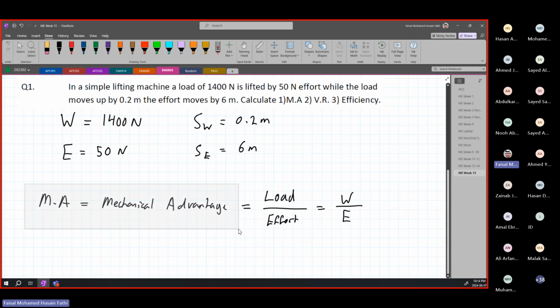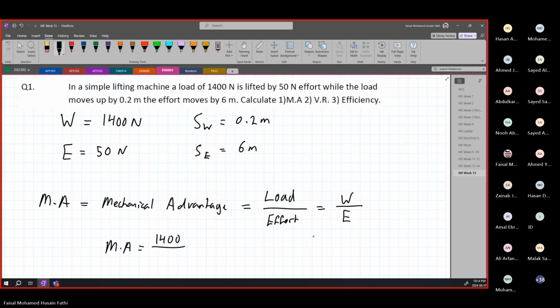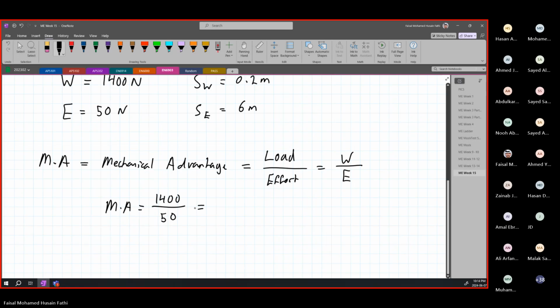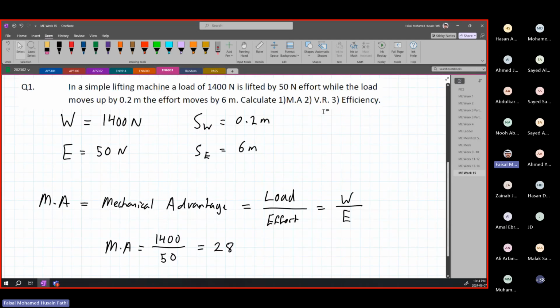That's what mechanical advantage is. It is the ratio of load to effort, meaning in our case, MA is equal to 1400 over 50. And that will give us 28. All right, and that is our mechanical advantage, a value of 28. There is no unit because it's a ratio of newtons over newtons. So ratios usually have no unit.